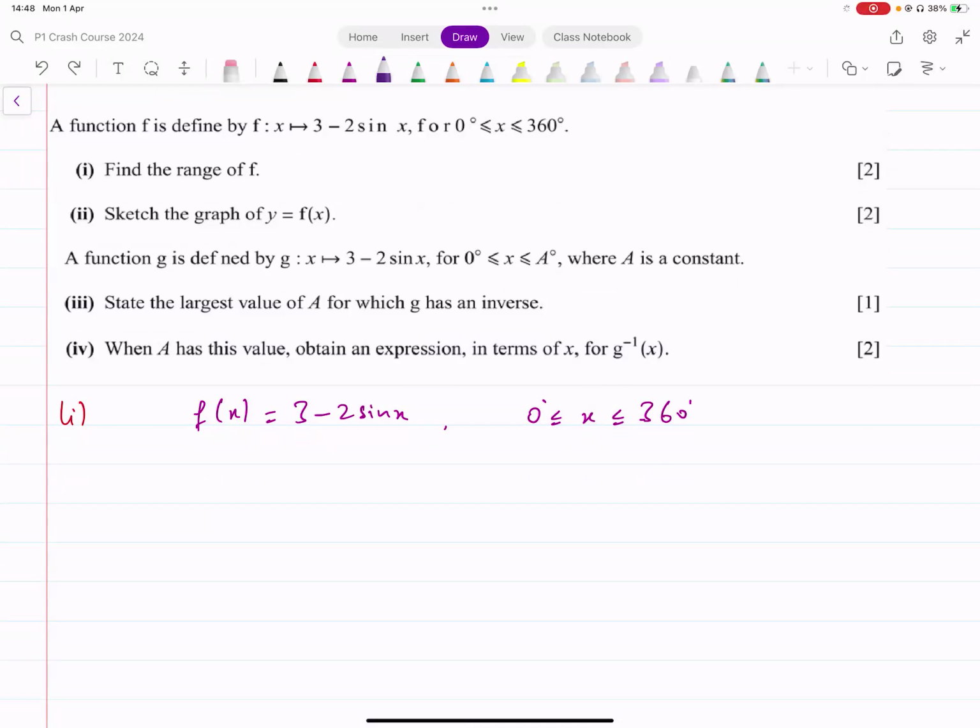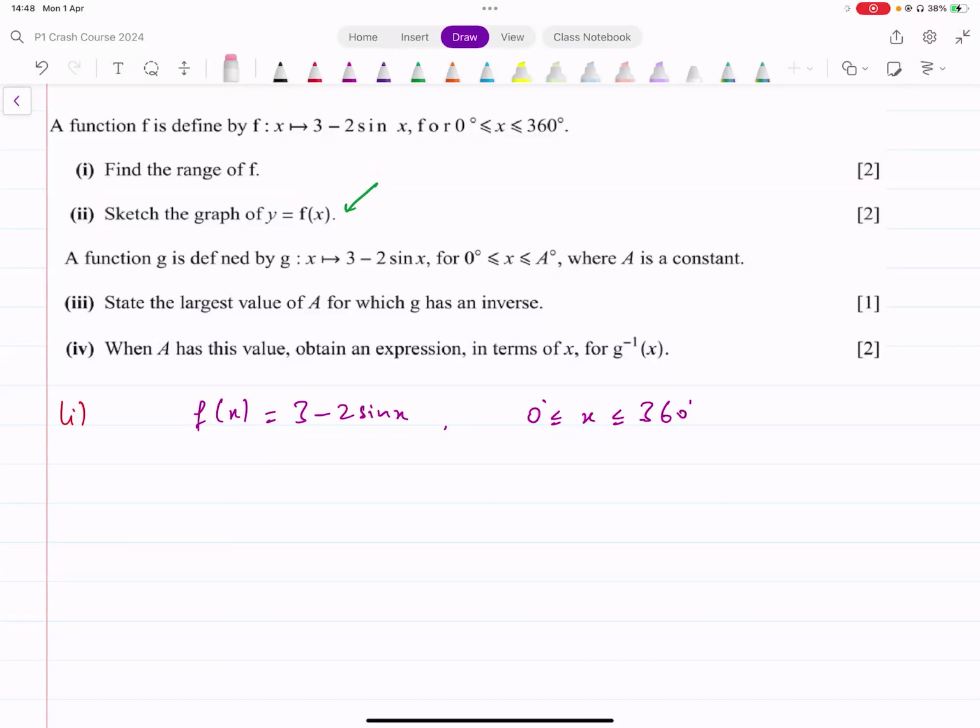Notice also that they're asking you to sketch the graph of y equals f of x in the second part. So before you even draw the sketch of this graph, you are basically asked to find the range of the function. One possibility in such problems, which sometimes makes this type of question easier, is that you are almost always asked to sketch the graph in that same question as well.